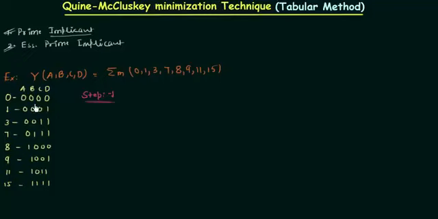It means 0 is going to be in the first group. In the second group, we are going to have the minterms with a single 1. So you can see 1 has a single 1 and 8 has a single 1. So 1 and 8 are going to be in group number 2. In the same way, we have to make the groups for the minterms having 2 ones, 3 ones and so on. So this is what we are going to do in step number 1.